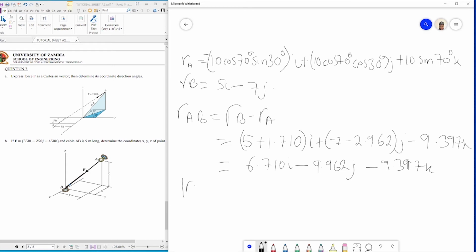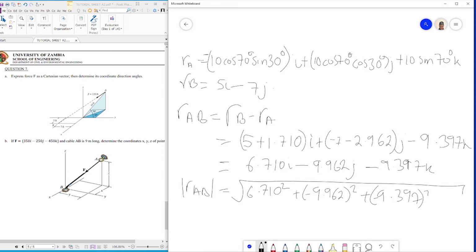Magnitude of RAB is equal to the square root of 6.710 squared plus minus 9.962 squared plus minus 9.397 squared.